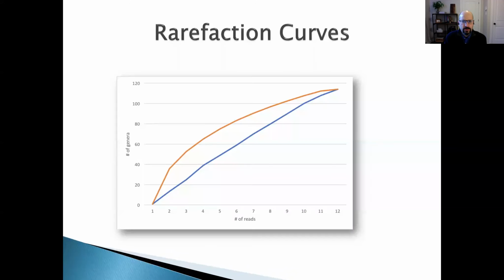Good. So this is an example I made up just to show you again the difference between two samples that have the same richness, therefore more or less 110 genera, but they have a different shape. So which one has a higher diversity, the blue or the orange one?